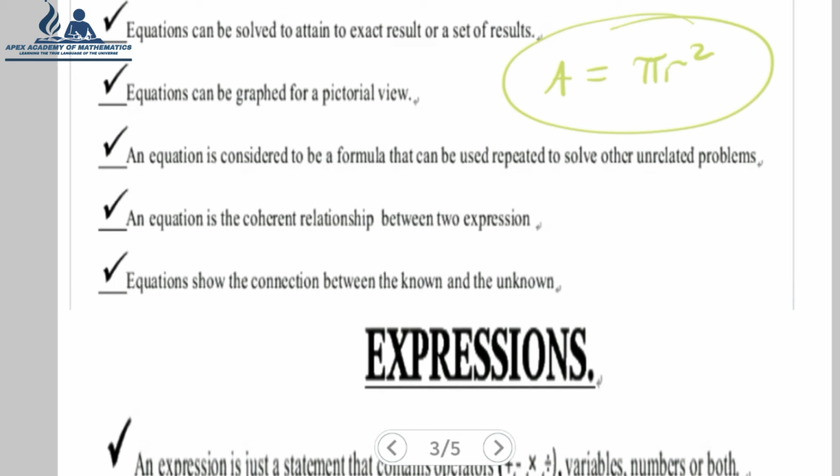But what a lot of teachers or instructors do not do is mention that the formula is also what we refer to as an equation for finding the area of a circle. So all formulas are equations, however not all equations are formulas.